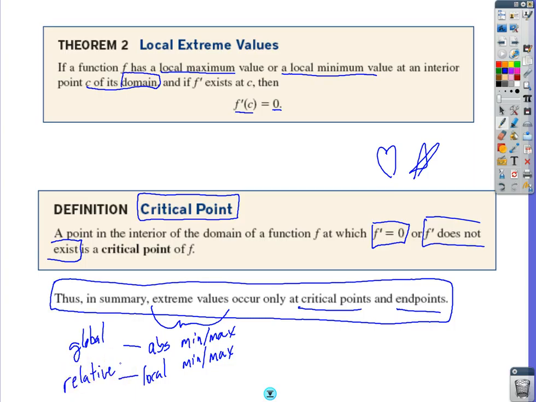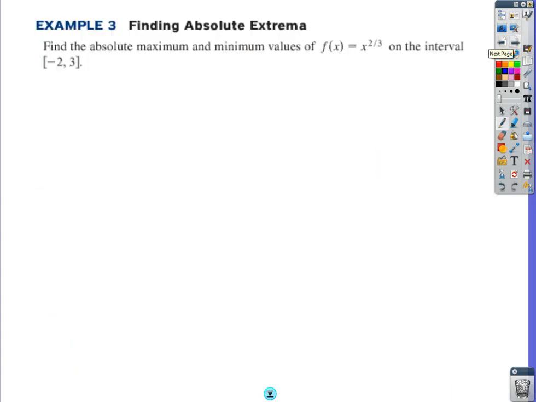Okay, so let's go ahead and take a look at some examples. This first one is finding absolute extrema, so we're going to be using the extreme value theorem in this one. It says find the absolute maximum and minimum values of this on the interval -2 to 3. So real quick, I'm going to do 3 easy steps.